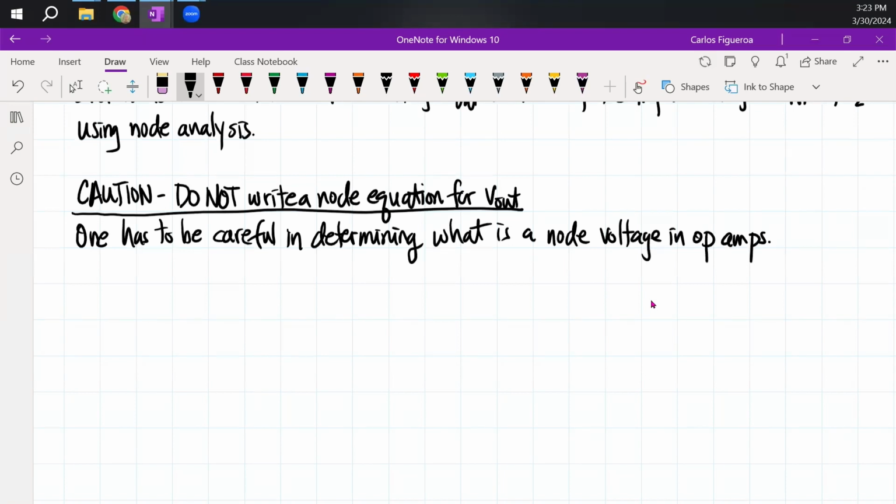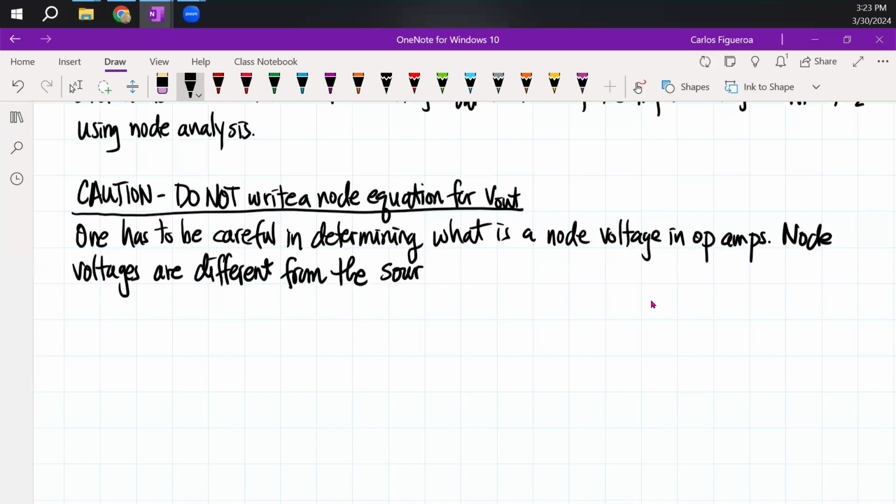And that seems kind of silly because you're an expert at node analysis. So node voltages are different from the source voltage in a voltage controlled voltage source.